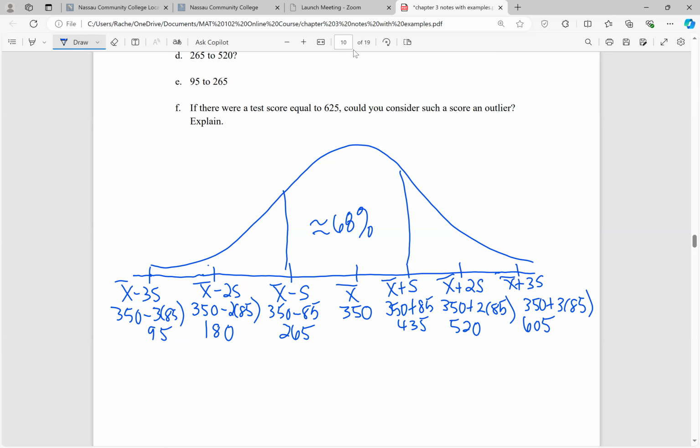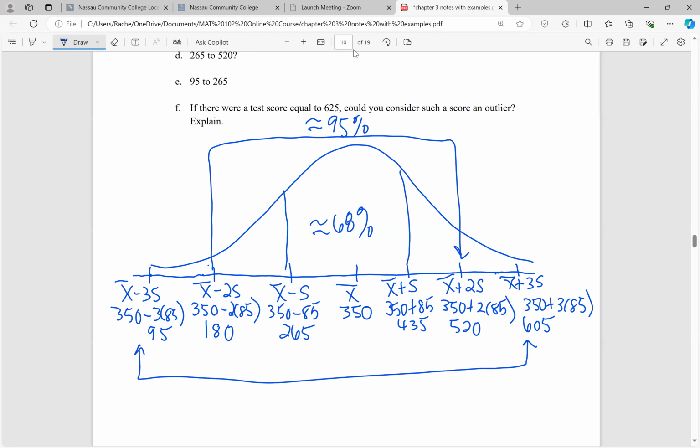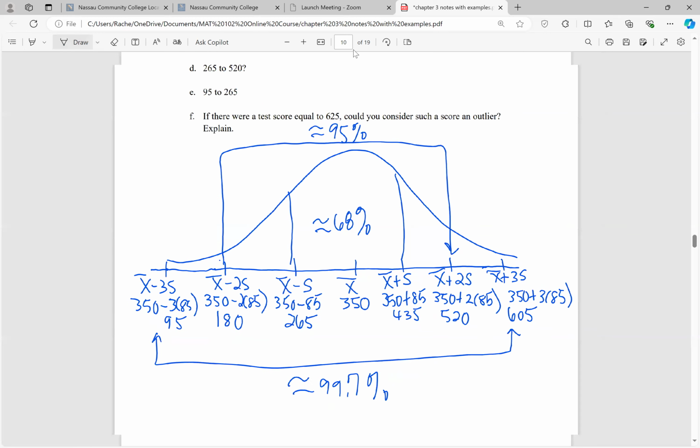The empirical rule tells us that we would expect approximately 95% of our data values to be within 2 standard deviations of the mean, and we would expect approximately 99.7% of our data values to be within 3 standard deviations of the mean. So now we're ready to answer some questions, right? Now that we know how these scores are distributed.